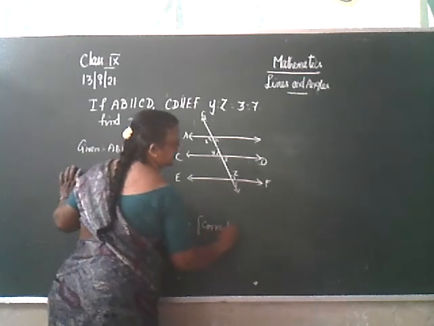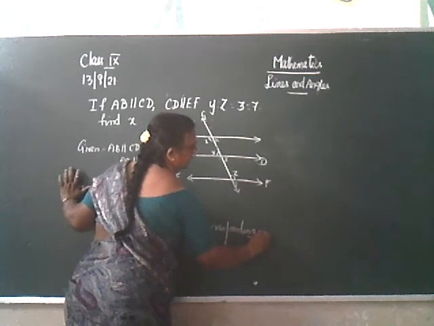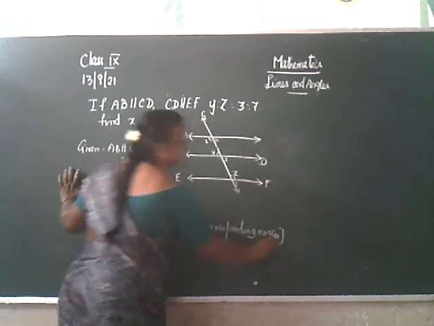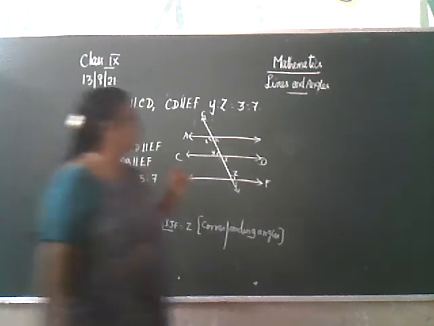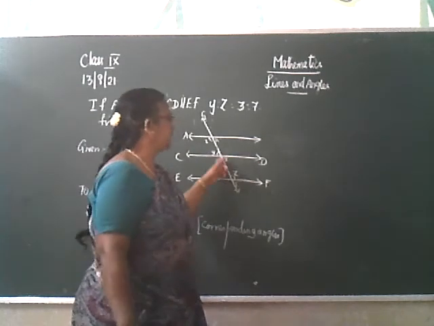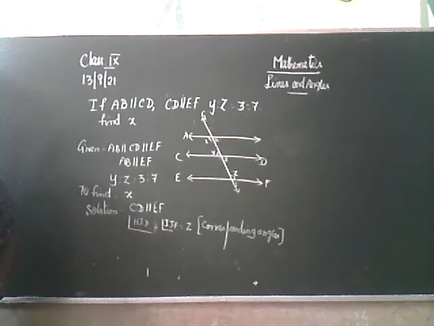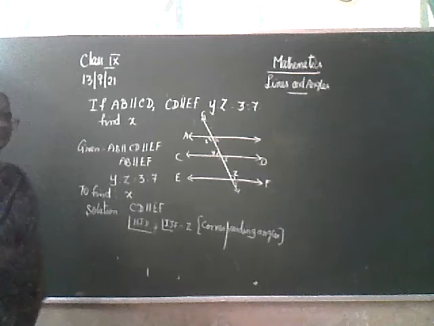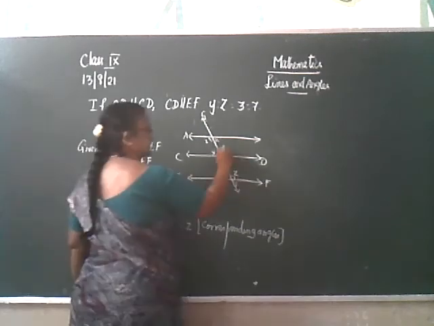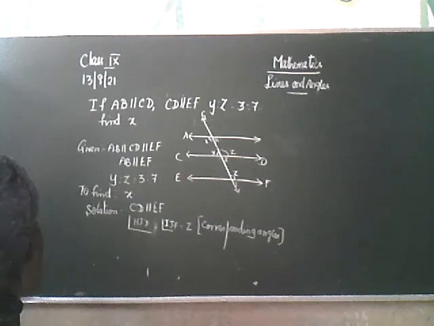Corresponding angles. When they are parallel, corresponding angles are equal. So I can say HID is equal to IJF. Okay? Both are equal. So that means this will be equal to z because these two are corresponding angles.